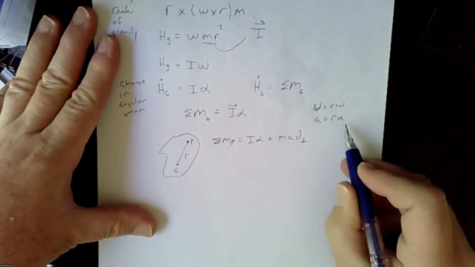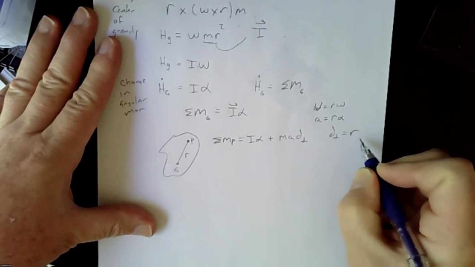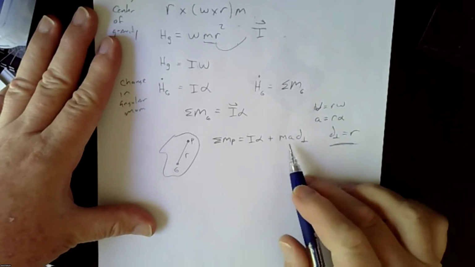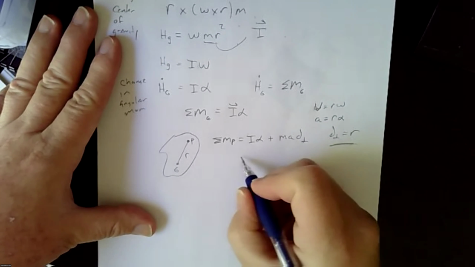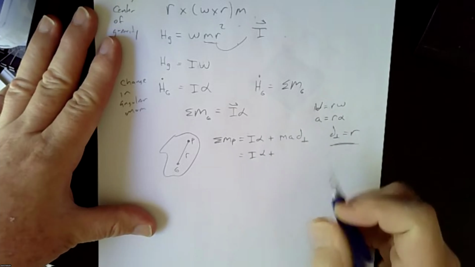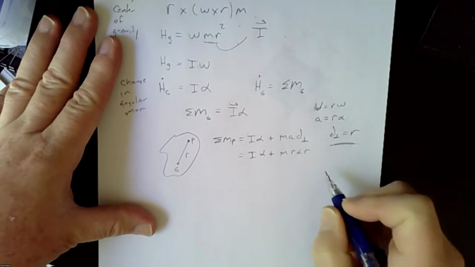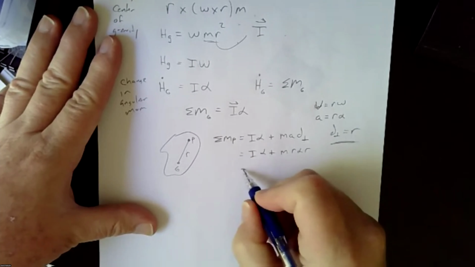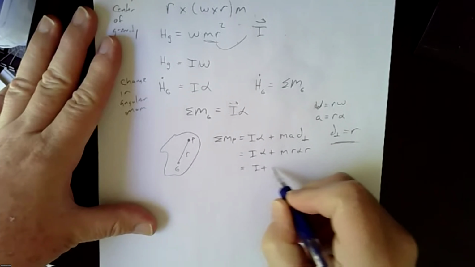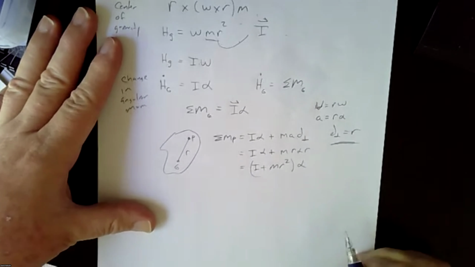So if we say d perpendicular is equal to r, and we substitute this in, we get I alpha plus m r alpha r. Or if we simplify, it becomes I plus m r squared all times alpha.